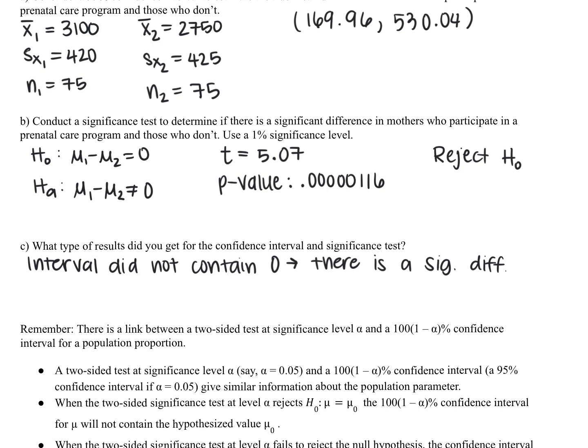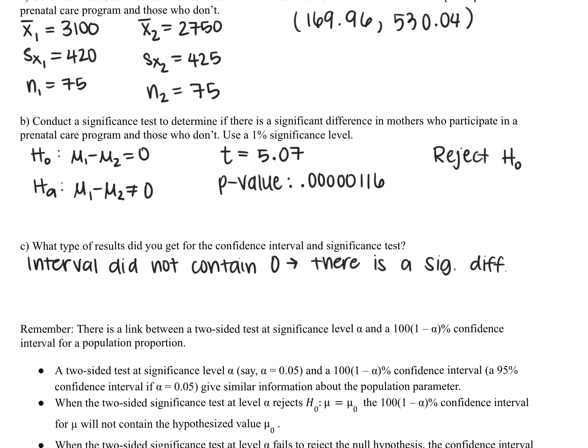So anytime you're trying to make a conclusion about something with a confidence interval without running the significance test, we'll talk about this more. It only works if you're looking for a significant difference though, which is a does not equal. You look to see whether or not your interval contains 0. And that could mean that all of the values are positive or all of the values are negative. We're not specifically saying in which direction. We're just saying that there is a significant difference.